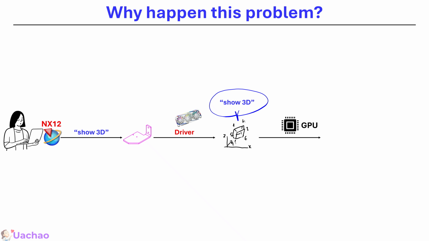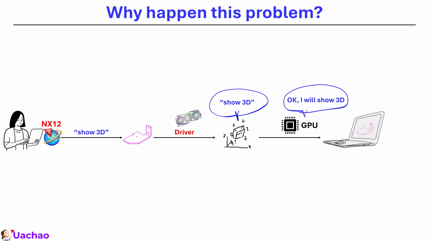The calculations are understood by the GPU in your laptop. We then give the command, okay, I will show 3D. As a result, you see the 3D of the product part displayed on your screen.